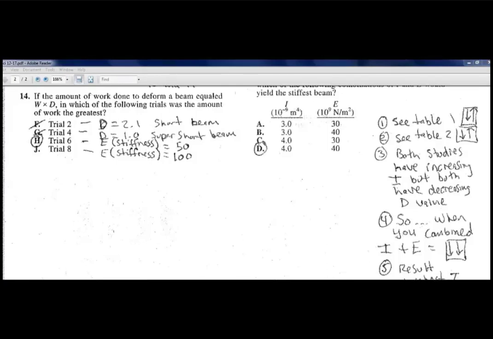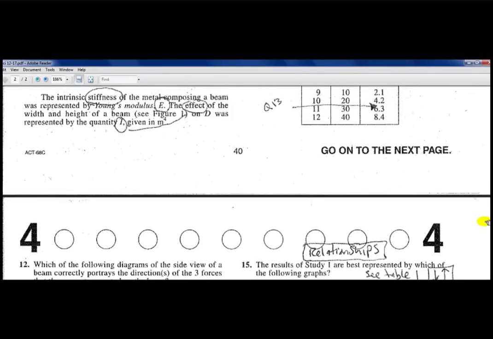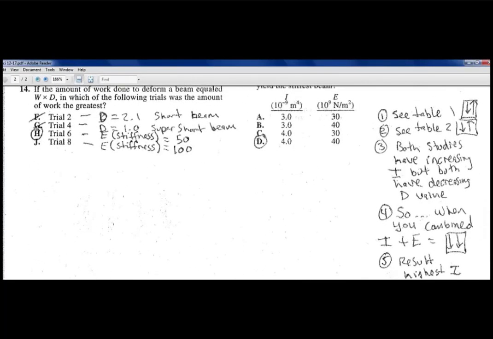Test 68C, Science, practice problem number 14. Number 14 states, if the amount of work done to deform a beam equals W times D, in which of the following trials was the amount of work the greatest? First thing we need to do here is we need to go back into the mini introductory paragraph and start defining some terms. If you notice that when we were in here, it told us we need to go to several different experiments, 2, 4, 6, and 8.